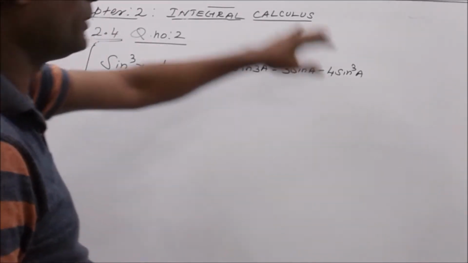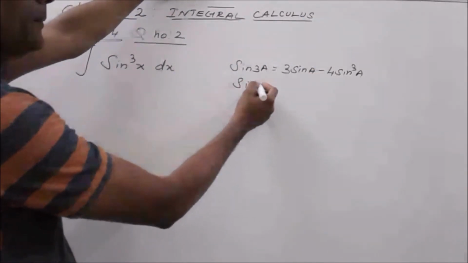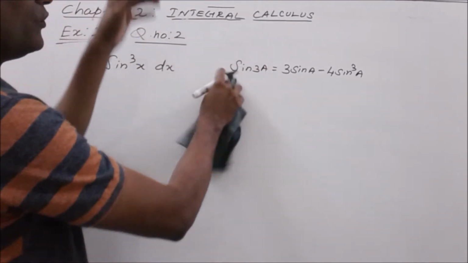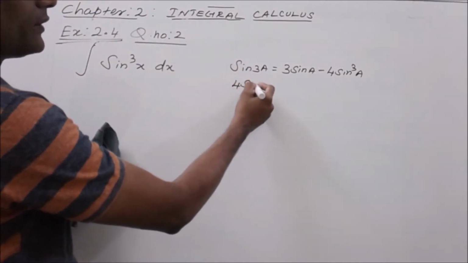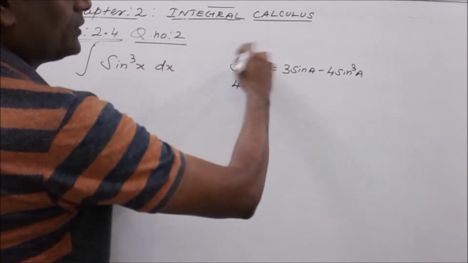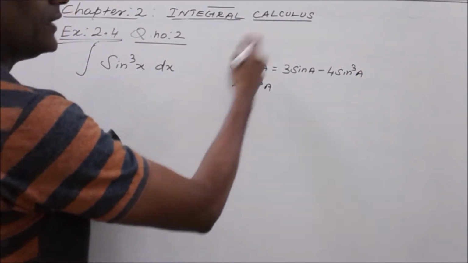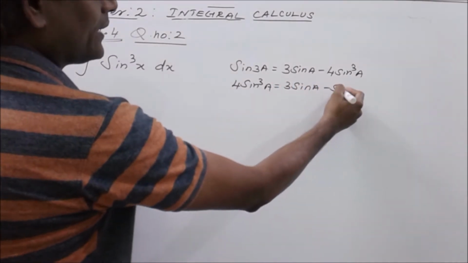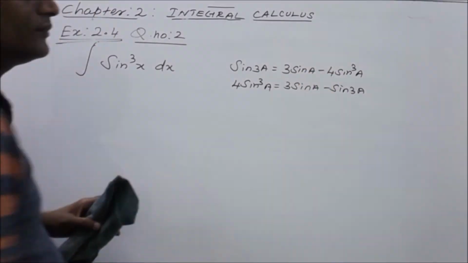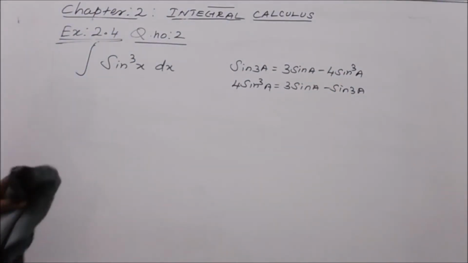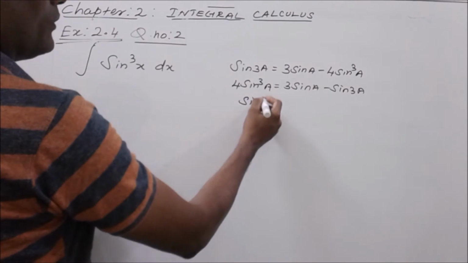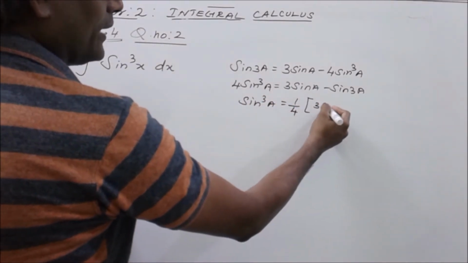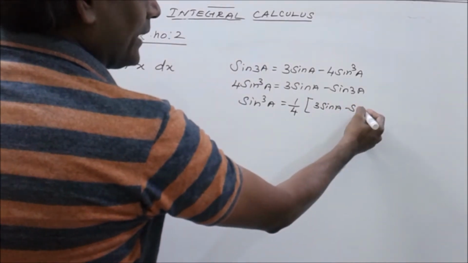Now finding sin cube a: adjusting the terms, 4 sin cube a to the left and sin 3a to the right, we get 4 sin cube a equal to 3 sin a minus sin 3a. Here, sin cube a equal to 1 by 4 times (3 sin a minus sin 3a).